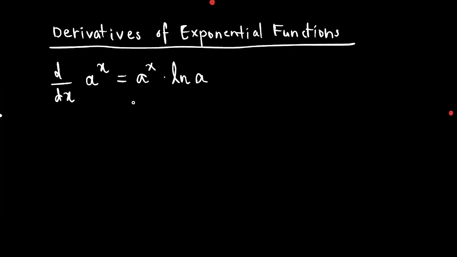So for example, if we had 3 to the x, the derivative would be 3 to the x times ln of our base, which is 3.